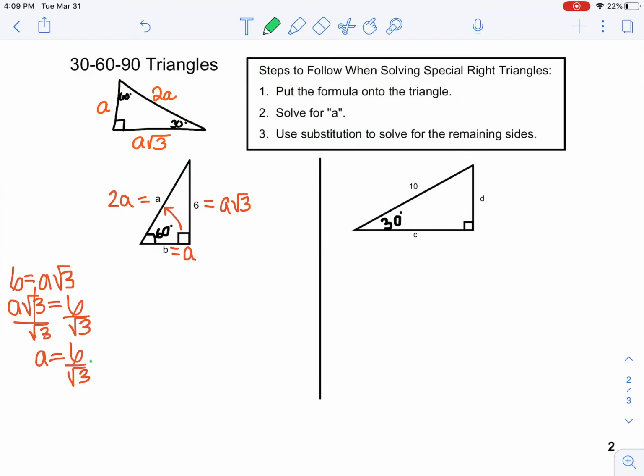So let's go ahead and rationalize our denominator by multiplying by root 3 over root 3. Now we have A equals 6 root 3 over the square root of 9, which is just 3. Then we can simplify by taking 6 divided by 3, which is 2 root 3.